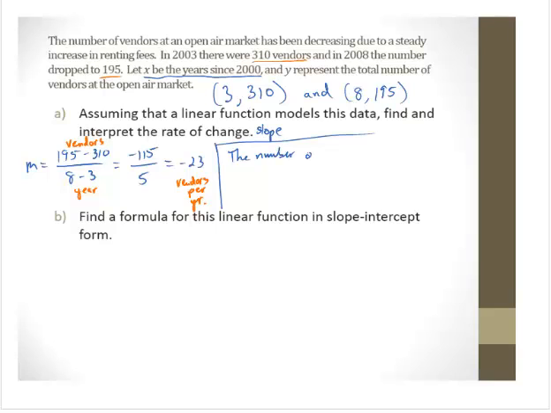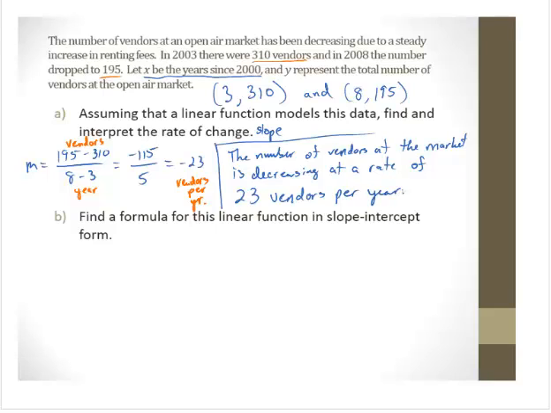All right, interpret this rate of change. The number of vendors at the market is decreasing at a rate of 23 vendors per year.